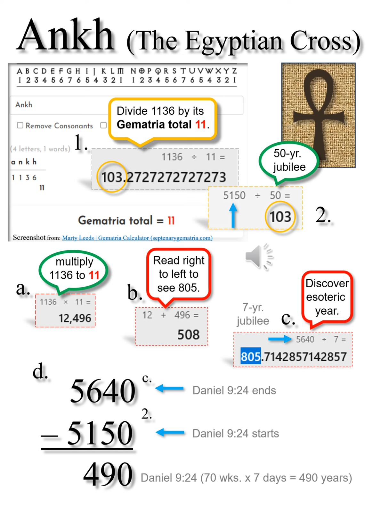So in D, we just took the two sums that we figured out, 5640, the theoretical second coming year, and the 5150 Daniel chapter 9 key year, and we subtracted them from each other, and 490 resulted. In Daniel chapter 9:24, 70 weeks times 7 days, or divine 7 completion, equals the 490-year timetable for that prophecy.